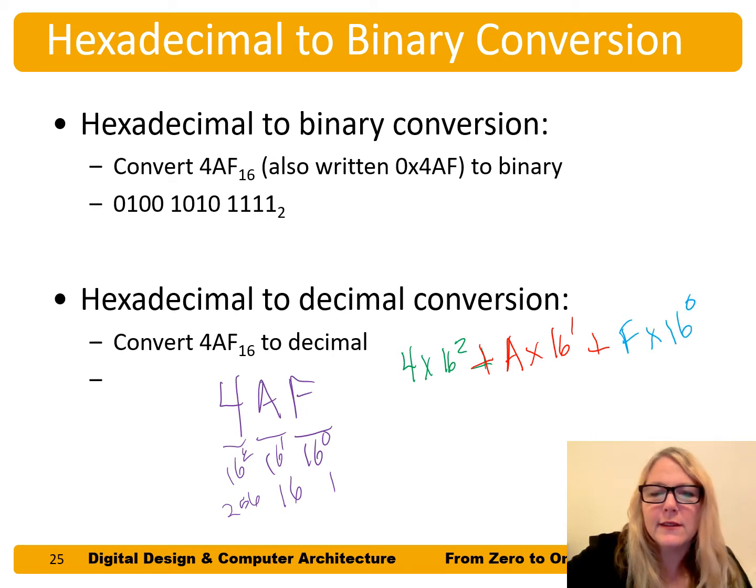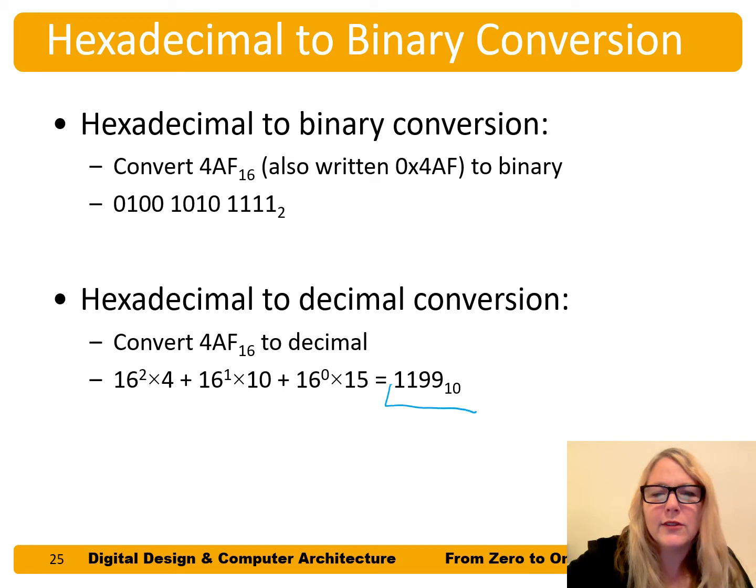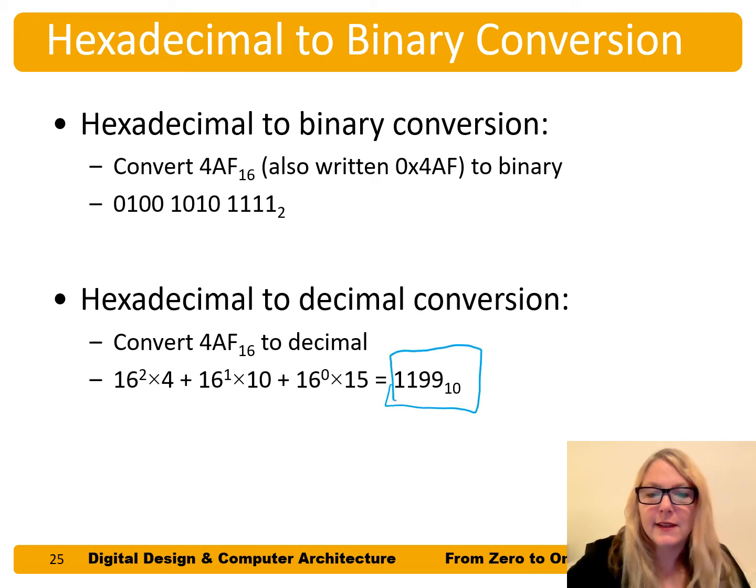Or in other words, 4 times 256 plus 10 times 16 plus F is 15 times 1. And we add those all together, and we get 1,199 in decimal, in base 10.